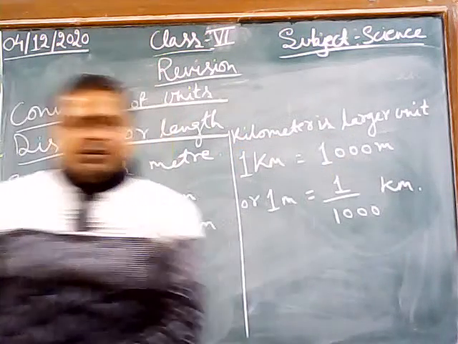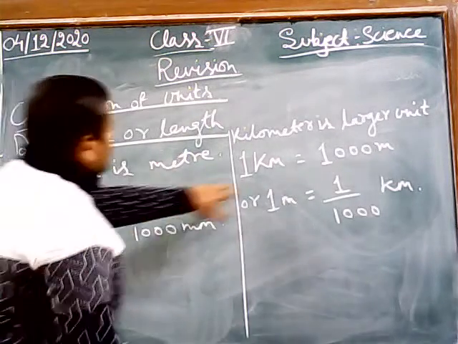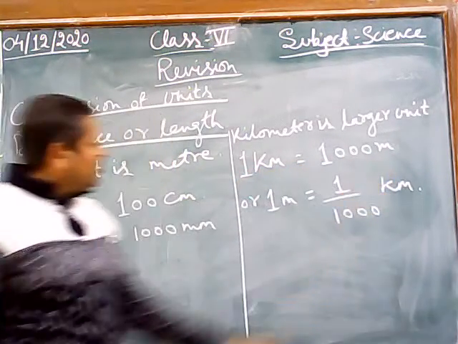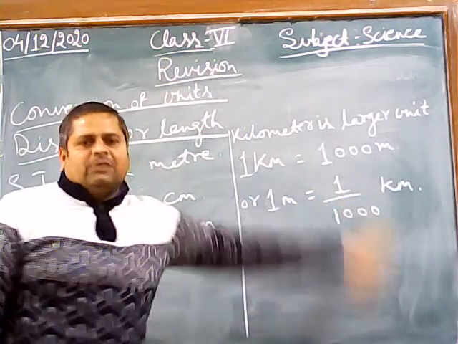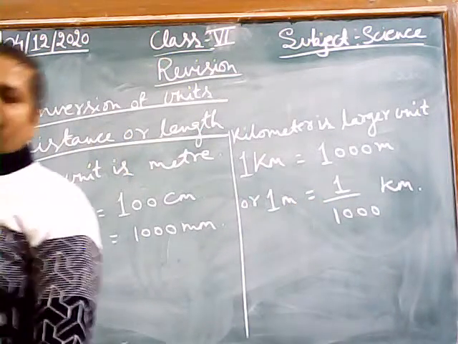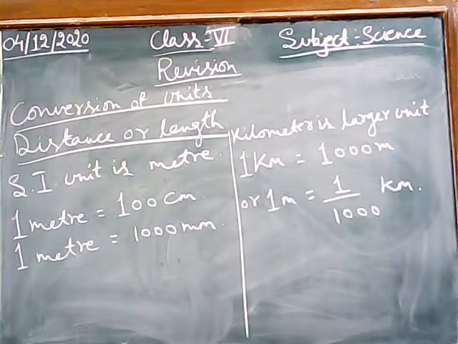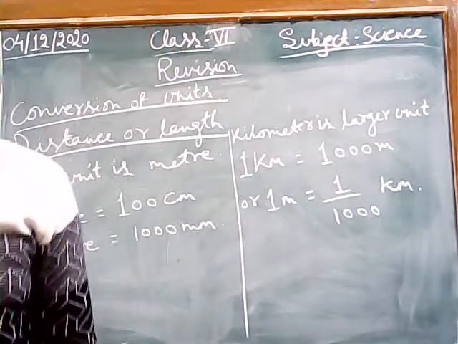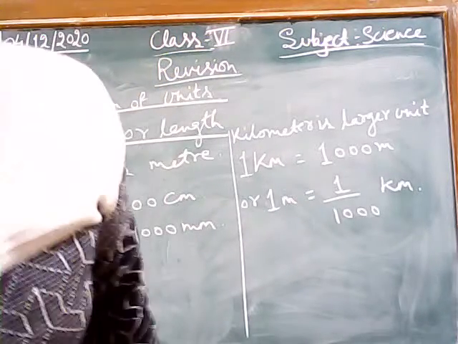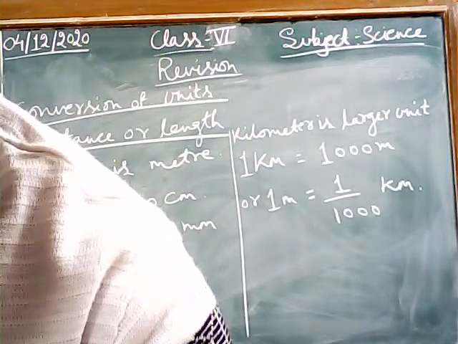Kilometer is a larger unit. 1 kilometer is equal to 1000 meter, or 1 meter is equal to 1 upon 1000 kilometer. Any problem? Now, will you do some conversions?